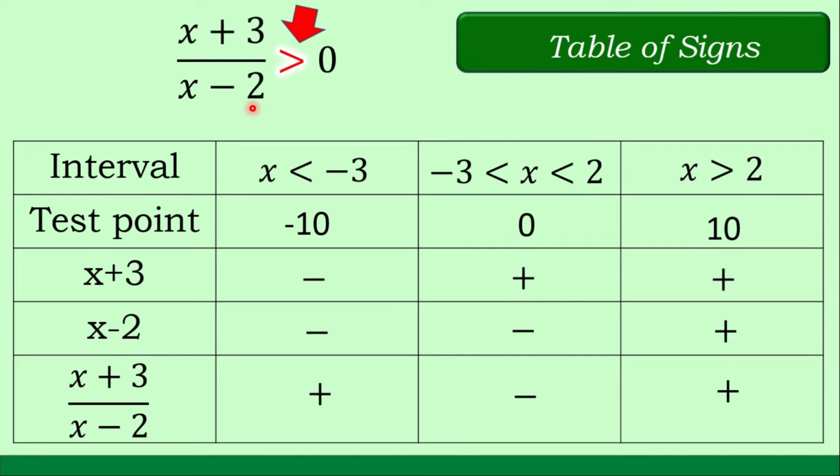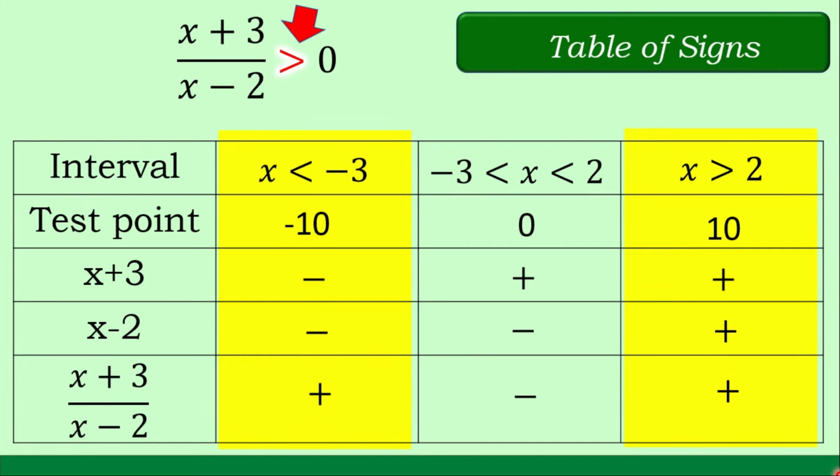So what are those values that are greater than 0? Are those positive or negative? Right, those are positive integers. So that means we are going to look into our table of signs with the final sign of a positive sign. So here that will be this, having a positive sign for the final rational expression. Considering that, again, that will be our answer.